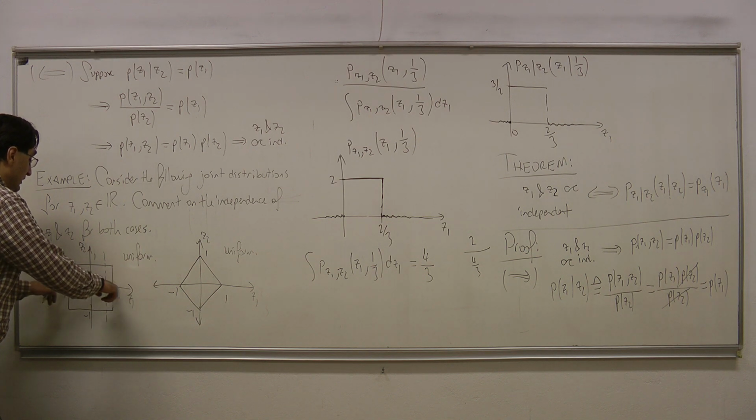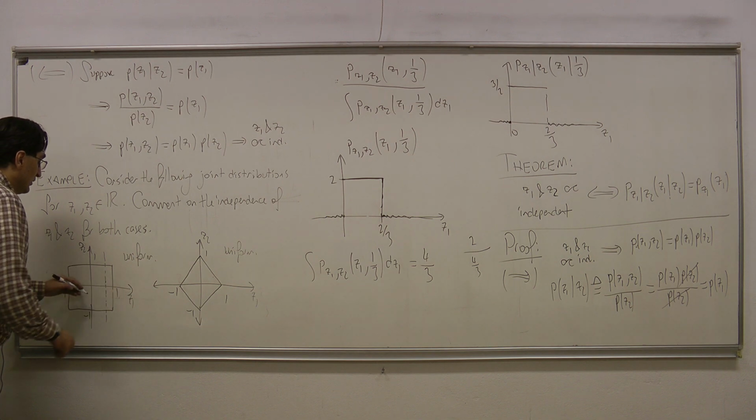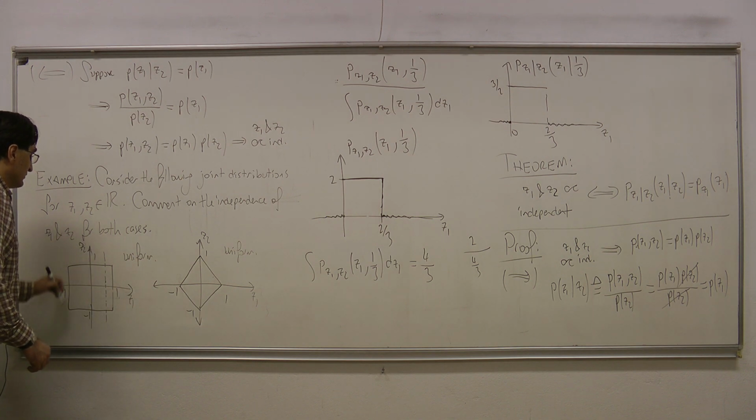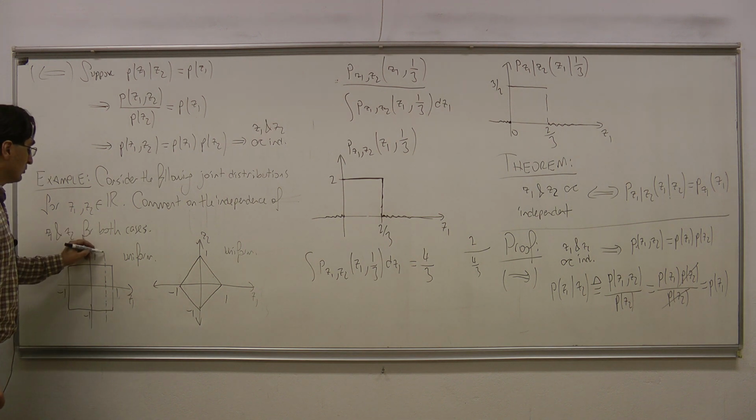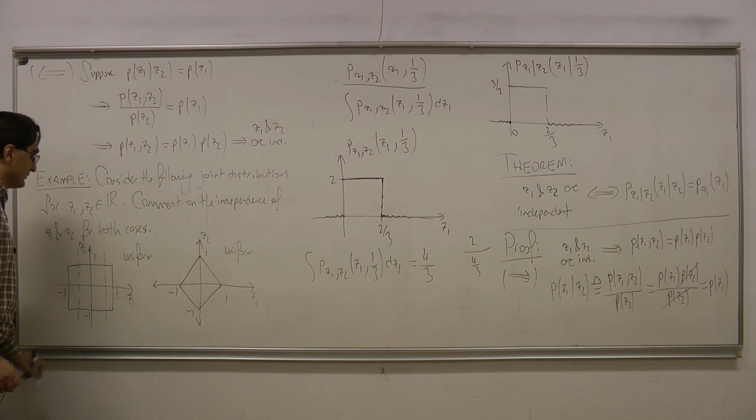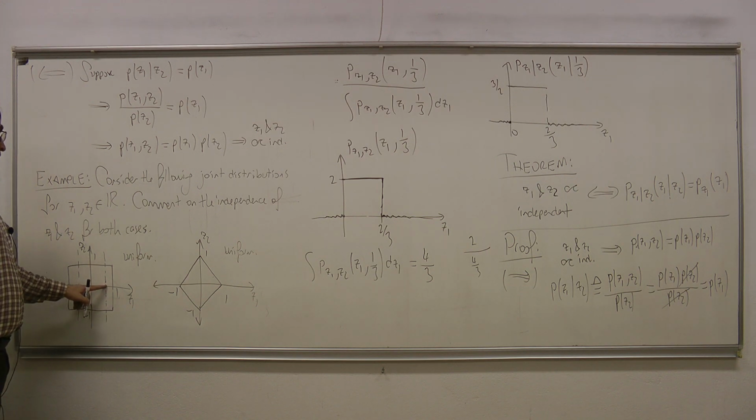Z1 would have 0 probability outside this range. So I would look at only the range of Z1 values in this interval, and then look at the cross sections by fixing Z1. For example, Z1 is equal to 2 over 3, or Z1 is equal to minus 2 over 3, etc.